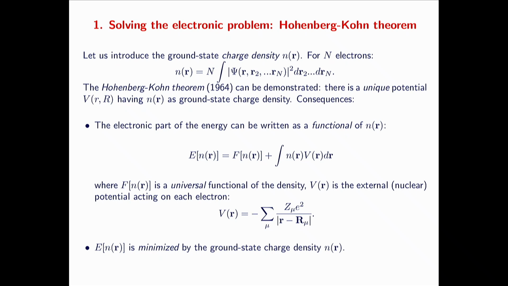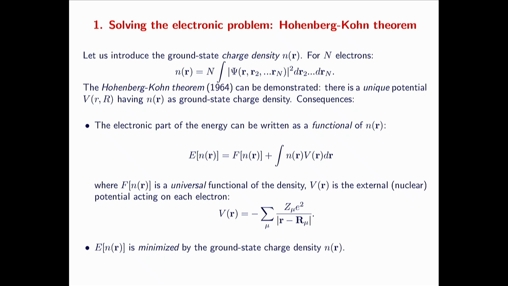Density functional theory actually derives from an old idea which dates back to the 30s. So the idea of considering the charge density instead of the wave function as the basic variable.